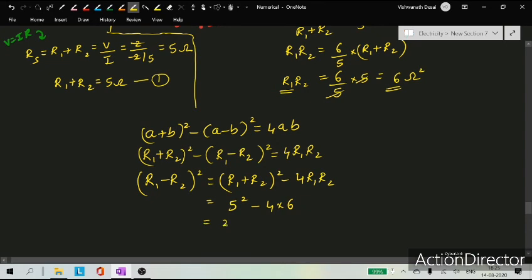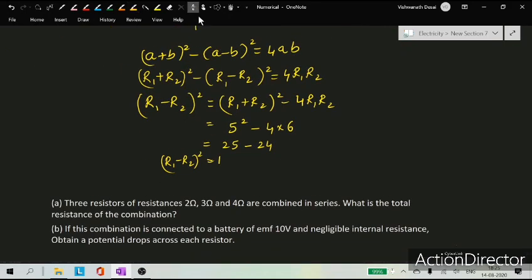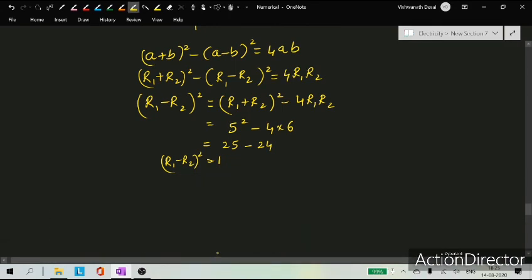So this is equal to 25 minus 24, that is equal to R1 minus R2 whole square, which is 1. Therefore, what is R1 minus R2? Taking square root on both sides, you will get 1 ohm. Now you can call this equation 3.